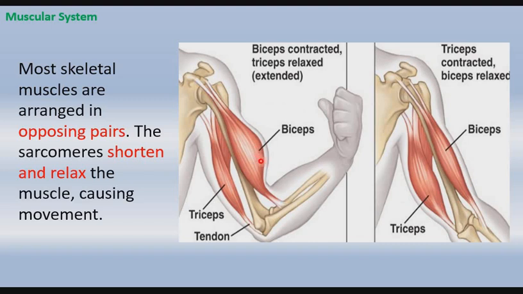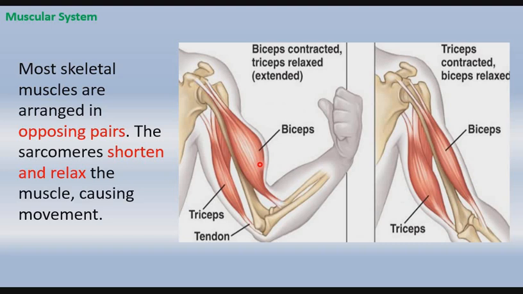Bending of the arm at the elbow is a result of the contraction of the biceps and relaxing of the triceps. While straightening of the arm is a result of the biceps relaxing and the triceps contracting. So you will be able to see how these two work in opposing directions.